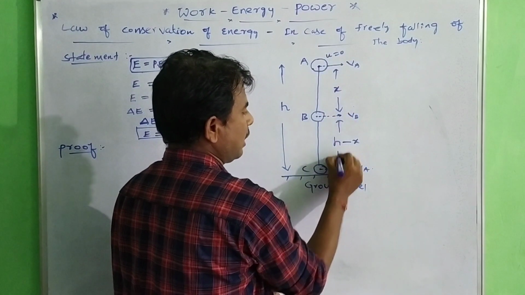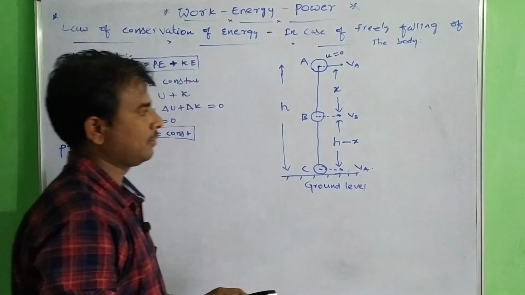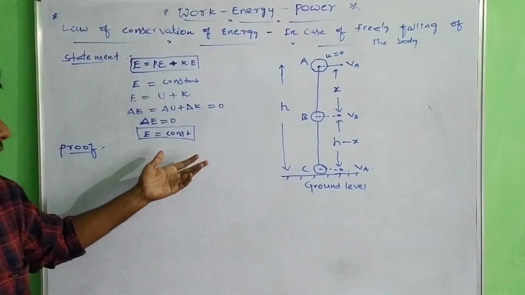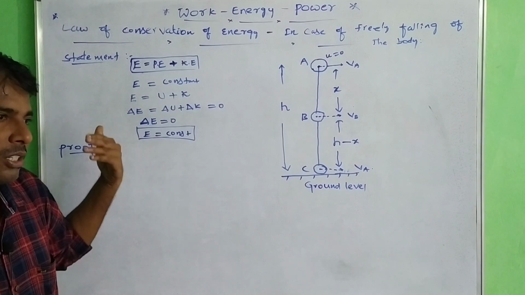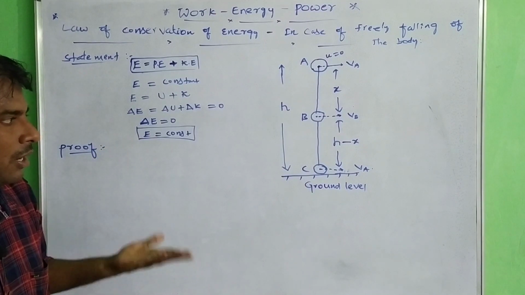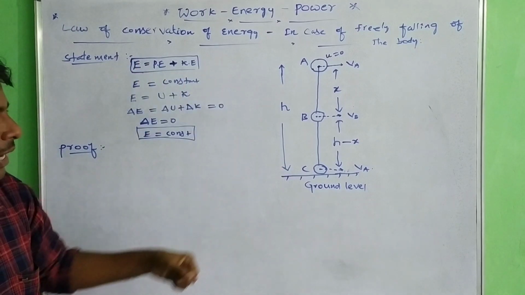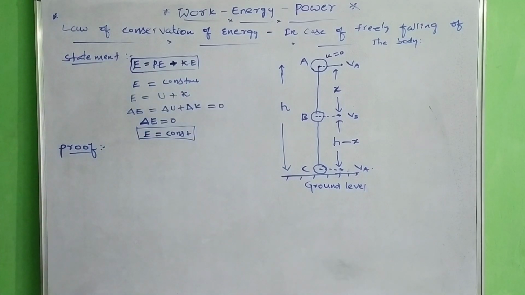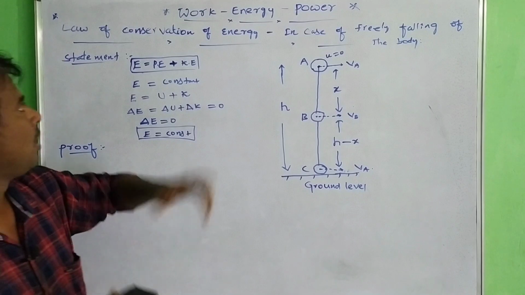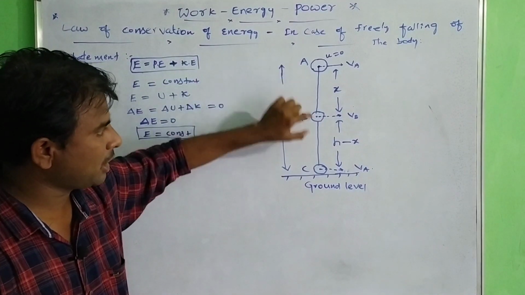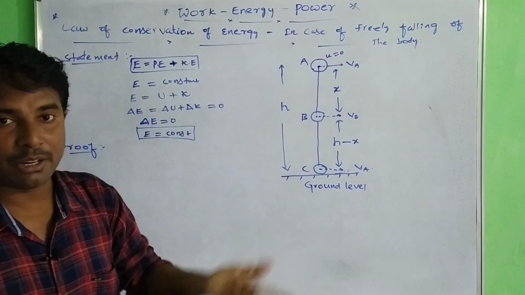Now, as we told in the last class, the displacement is x or y. Proof of the law of conservation of energy: at the 3 states, total energy is equal.